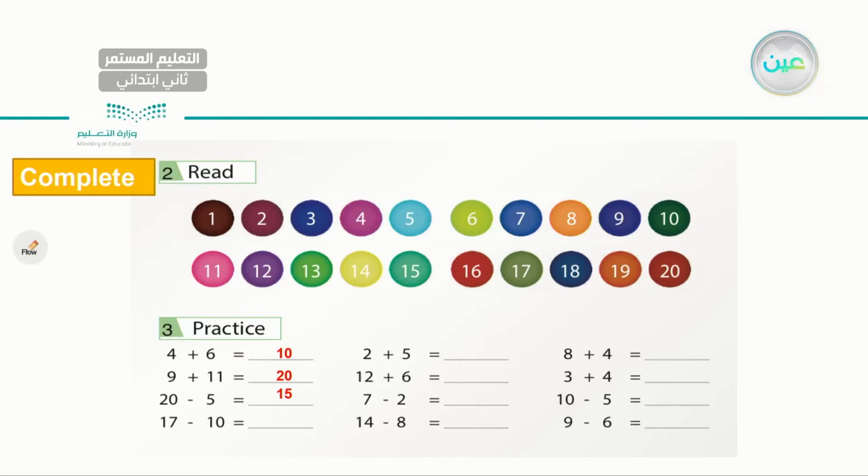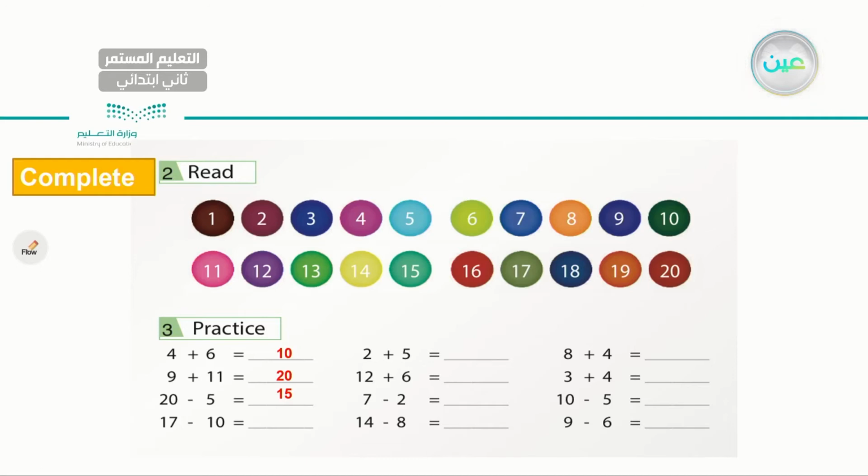I have 2 plus 5. Try to do as many as you can. I have 12 plus 6, 7 minus 2, 14 minus 8, 8 plus 4, 3 plus 4, 10 minus 5, and 9 minus 6.